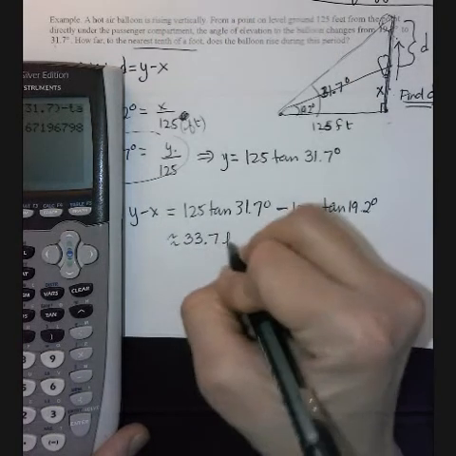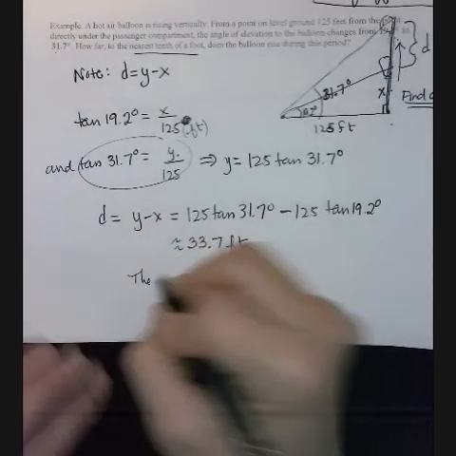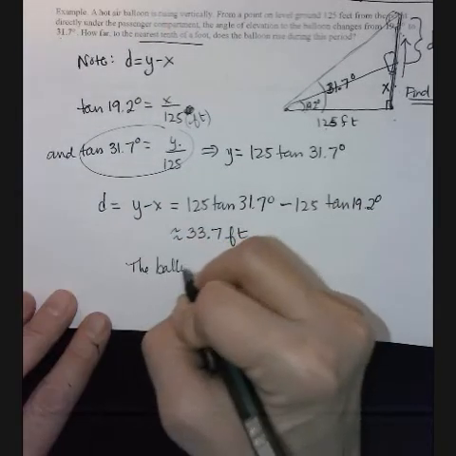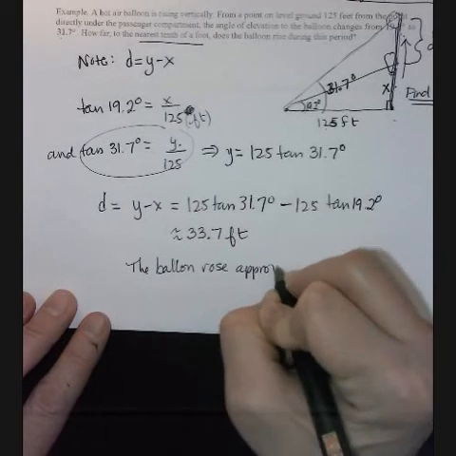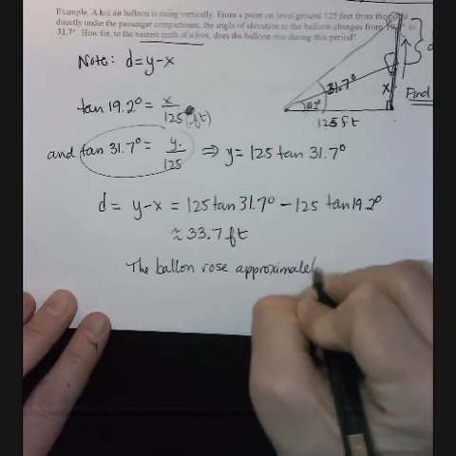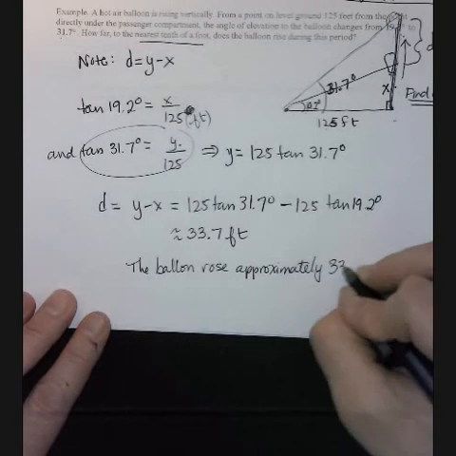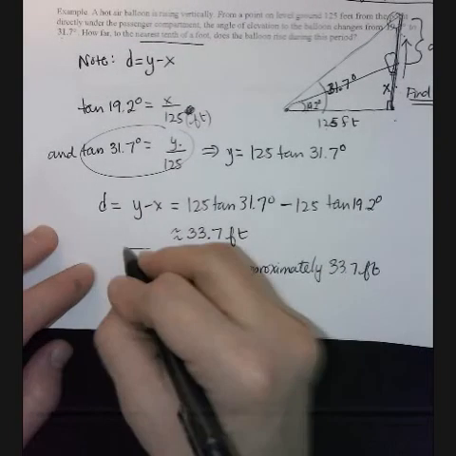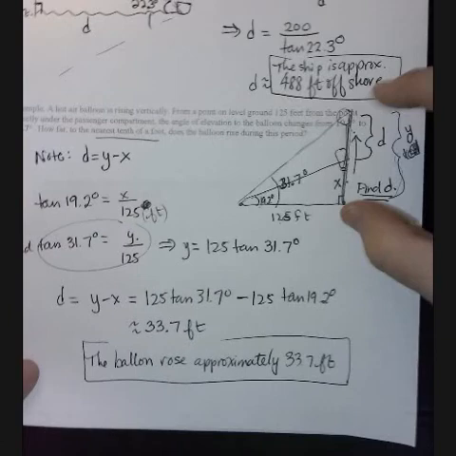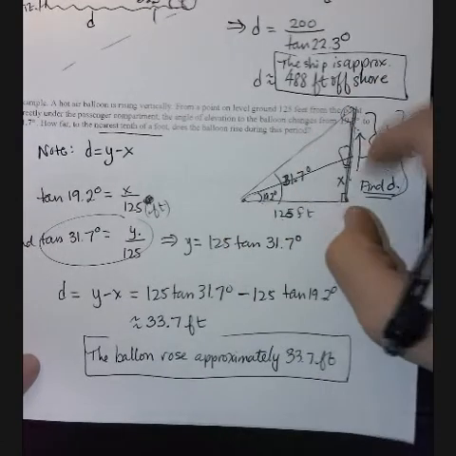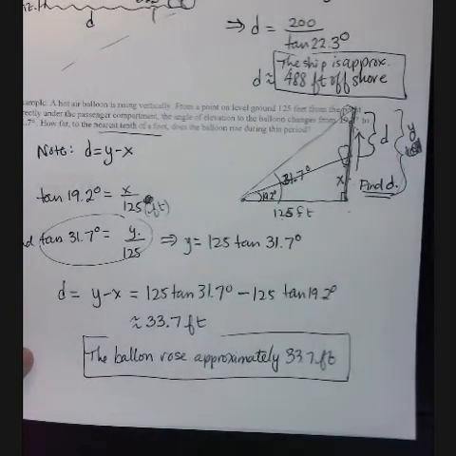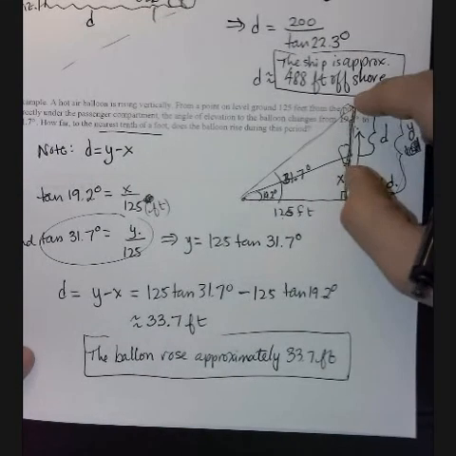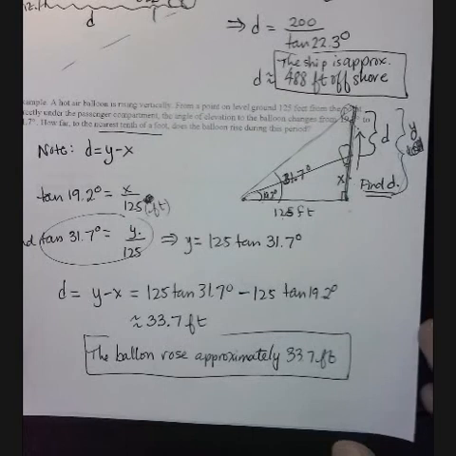So the balloon rose approximately 33.7 feet. So we use the numbers that are given to find the heights of the two triangles, and then just subtract to find how far the balloon has risen. Okay, let's take a break here.